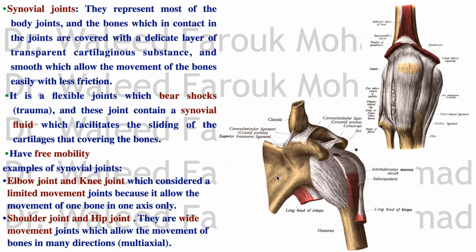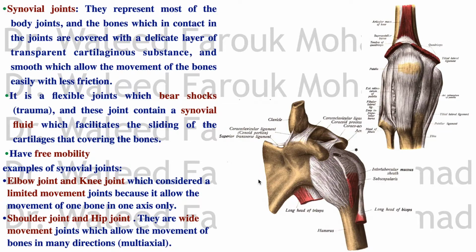And it's a flexible joint. بتتحمل الصدمات, it bears shocks and trauma. These joints contain synovial fluid, which facilitates the sliding of the cartilages that cover the bones. And they have free mobility. So remember this, the major difference between the synovial and the cartilaginous joints is that they are freely mobile.